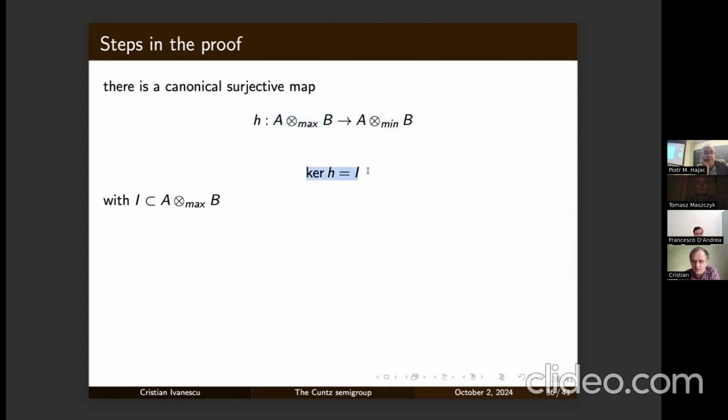But the kernel is basically an extra ideal. It doesn't correspond to anything in the minimal tensor product. It is going to be in the maximal tensor product, but in the minimal tensor product it is going to be trivial, it's going to be 0.